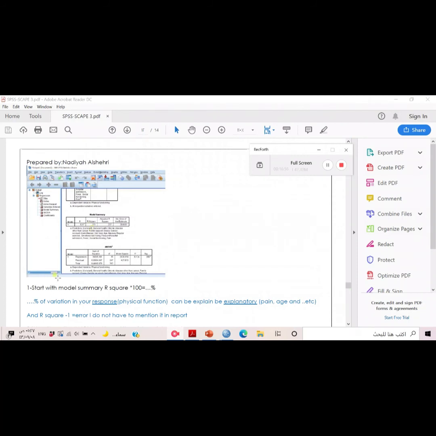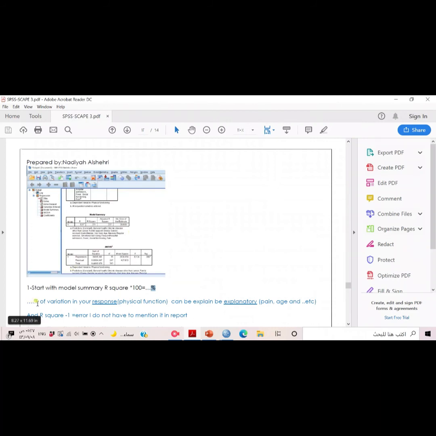In the model summary, I will take the R square and multiply it by 100 and I will get a percent. In this case, it will become 27%. 27% of variation in my response, which in this example is physical function, can be explained by the explanatory or the predictor, which is pain, age, etc. That is the meaning of the model summary.